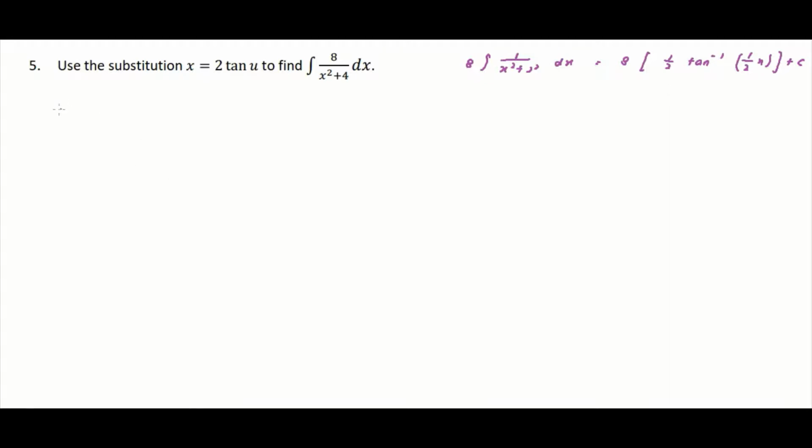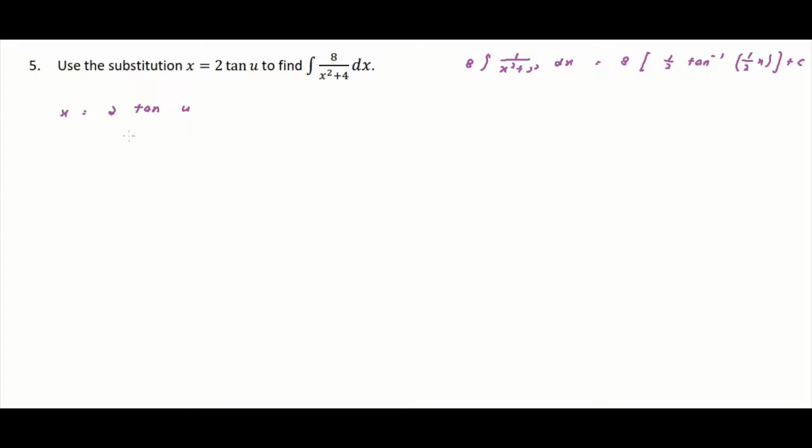Okay, so let's try to do this. The same thing, you have x equals 2 tan u. So what we try to do is differentiation as well. So you have dx du equal to, okay, you might have a question here. Do I need to always change it into the form of u equals to something, then only I can continue? You can.